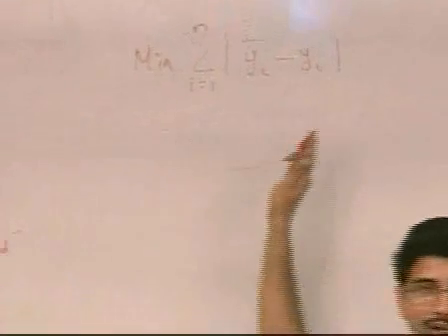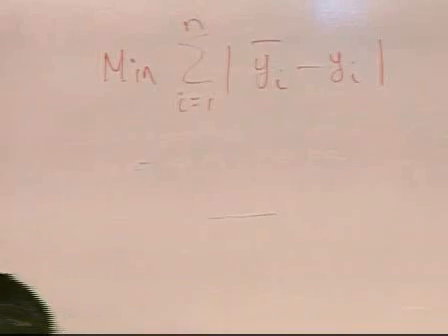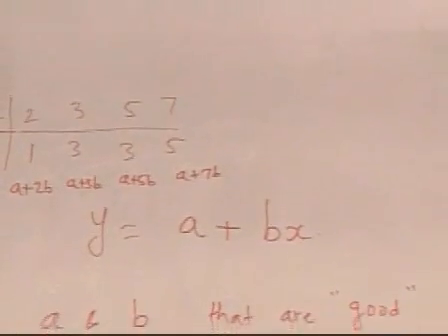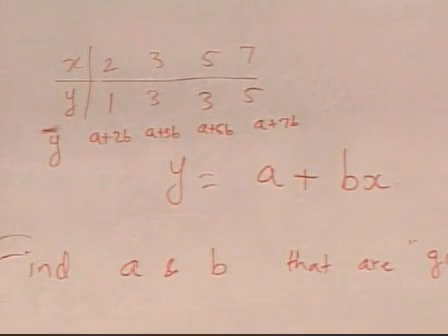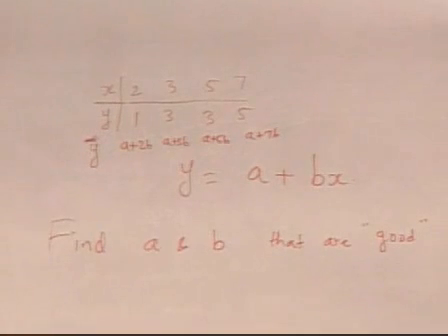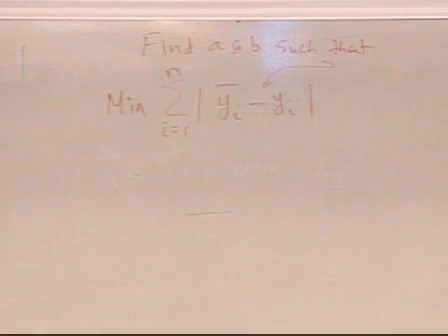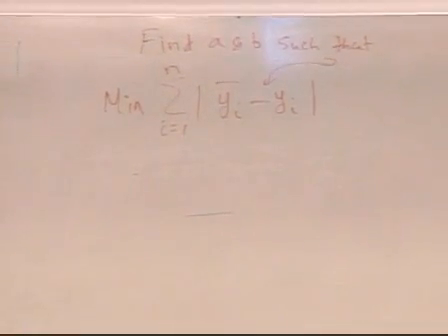We have 4 entries, where one of these stands for these numbers and the other stands for this number. So you want to find A and B such that this quantity is minimized. That absolute sum of deviations is minimized. Is the problem clear to everybody?